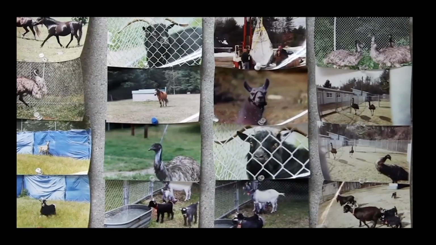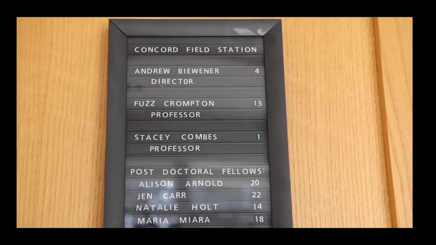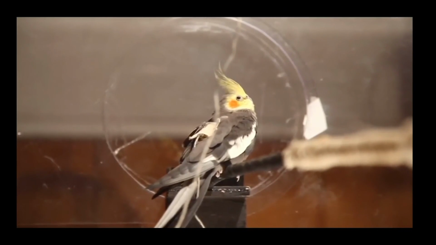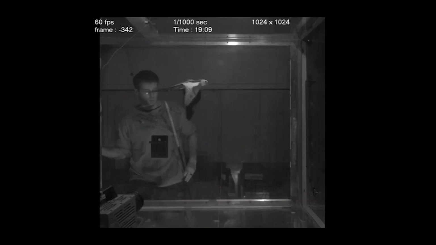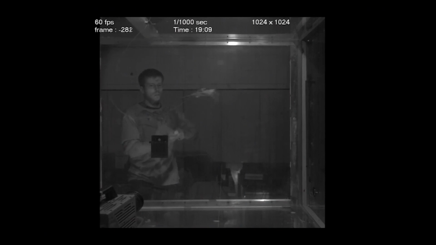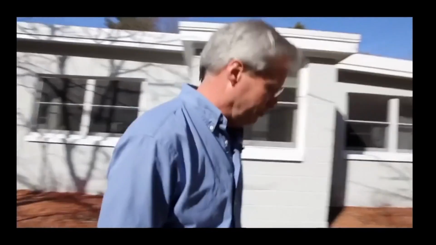It's owned by Harvard, and biologist Andy Biewener is the director here. So think of it as a research lab facility for doing comparative biomechanics and physiology of largely animal movement. And the birds are just the tip of the iceberg. Okay, so do you want to see the baby goat and the emu? Obviously. Okay.